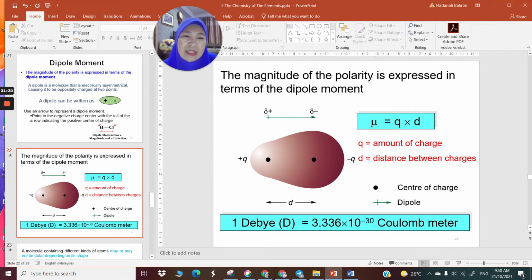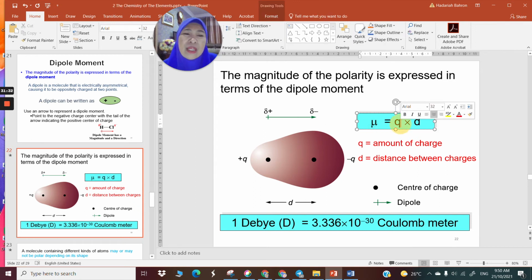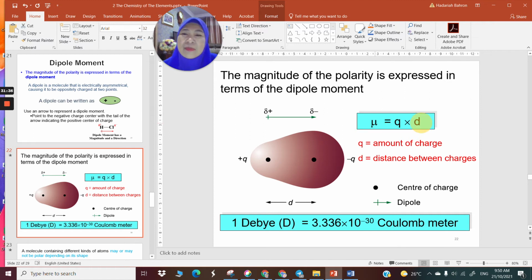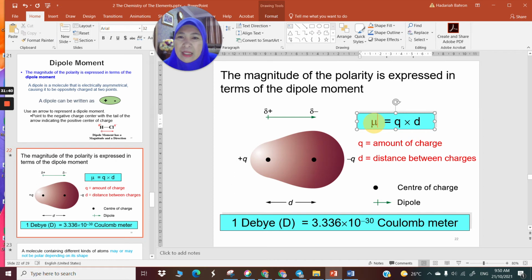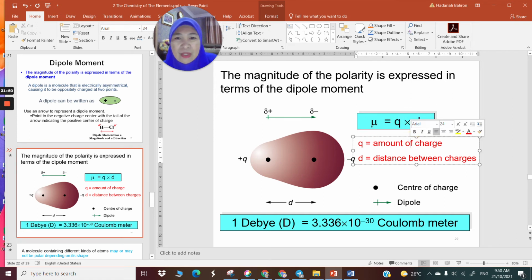So the dipole moment is equal to the amount of charge, Q, times the distance between the charges, D. So mu here, no, this is not mu, this is micro, is equal to Q times D, where Q is the amount of the charge. You look at what the charges are and the distance between them.